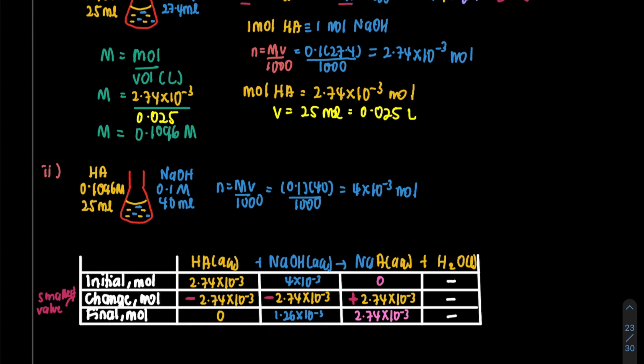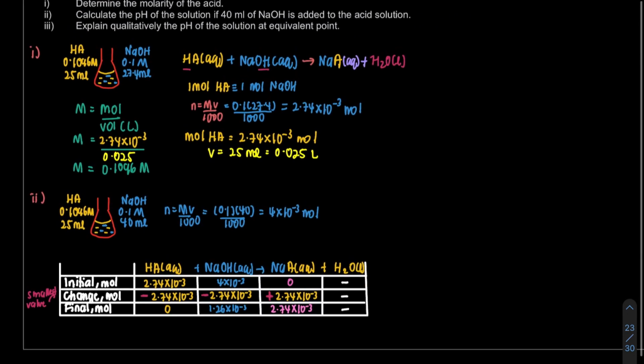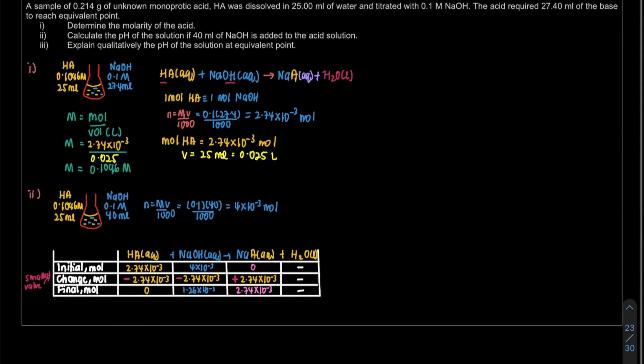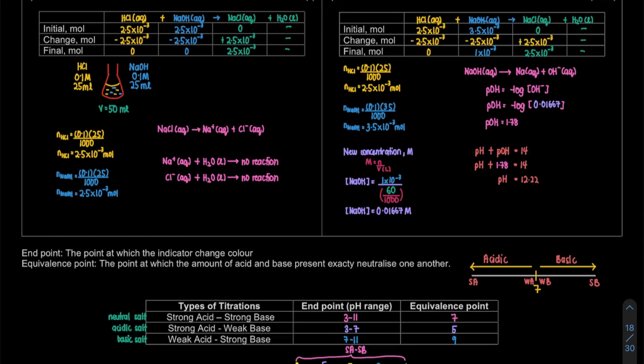Next, what we're going to find out is what the question asks: calculate the pH of the solution. So how do we find the pH from here? Back to our examples here. We already have this value, so now we have to find the new concentration.